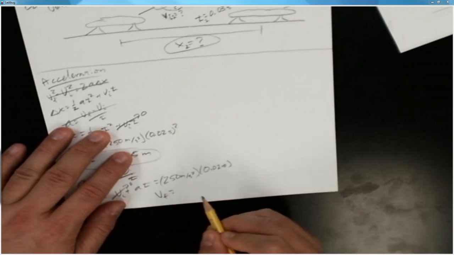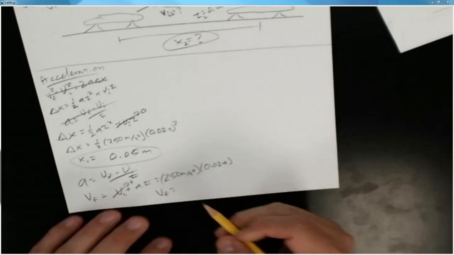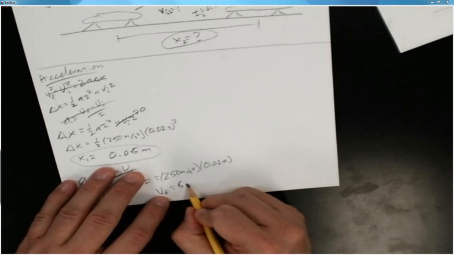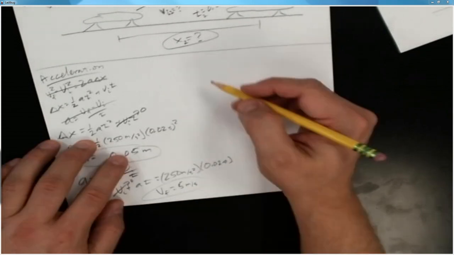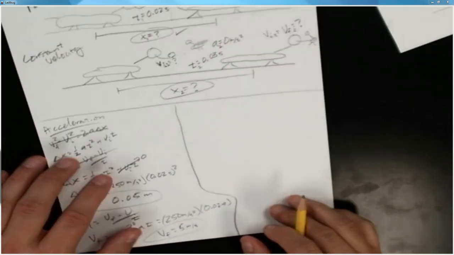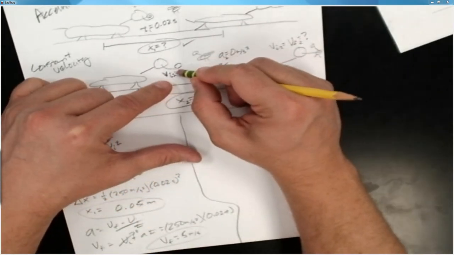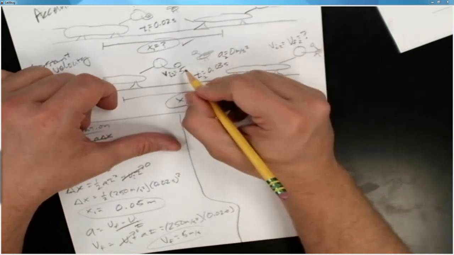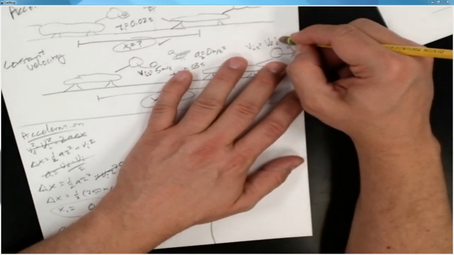So the final velocity here is 5 meters per second. So now that I know that this is 5 meters per second, and this was a constant speed, so this is 5 meters per second.